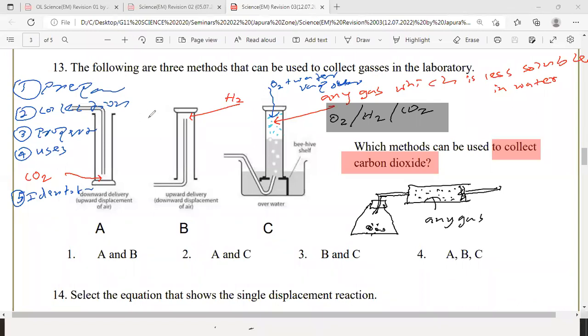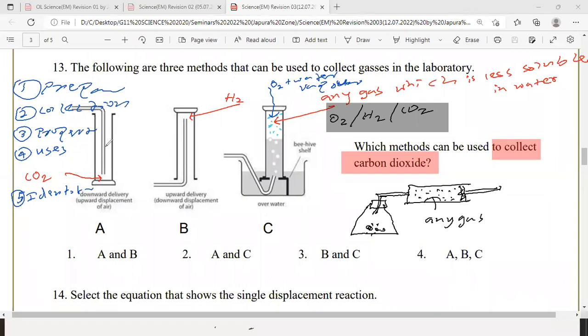Method of collecting O2 gas, say downward displacement of water. Properties of oxygen gas: colorless, odorless, supporter of combustion, slightly soluble in water. Uses: respiration, combustion, then industrial, like production of nitric acid. Identification of oxygen: a glowing splint relights.